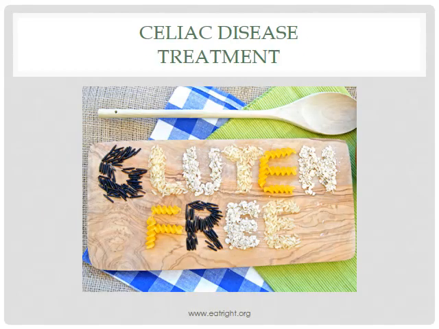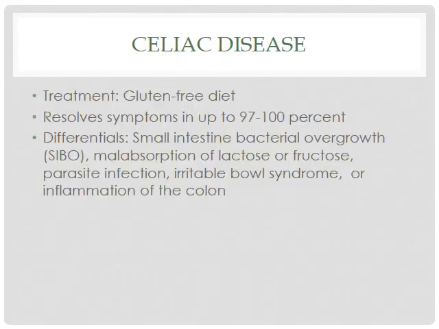The treatment for gluten sensitivity or gluten intolerance and gluten disease is a gluten-free diet. After starting the gluten-free diet, symptoms can be resolved in up to 97 to 100% of patients.